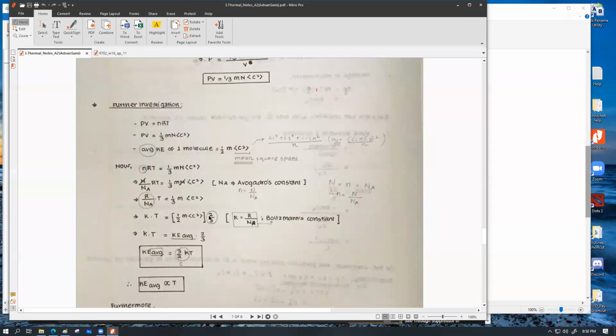There has to be enough number of particles available so the statistical approach can be applied. These equations are applicable for a good number of particles in your container, so that you can apply the concept of statistics. For example, the statistical concept that Cx equals Cy equals Cz. That is the most powerful statistical approximation that we used to derive this formula of PV equals 1/3 mc squared. So if you have only 1, 2, or even 10 particles, you cannot apply these equations.